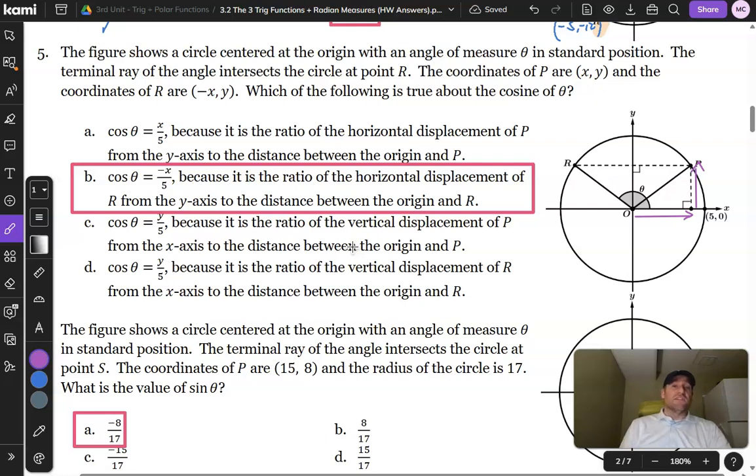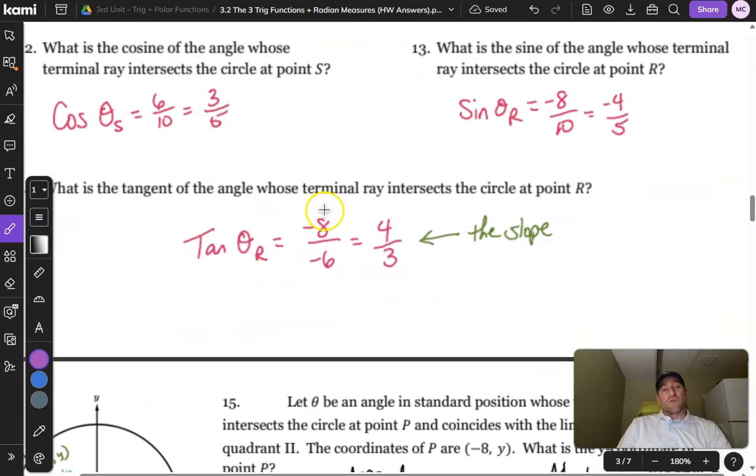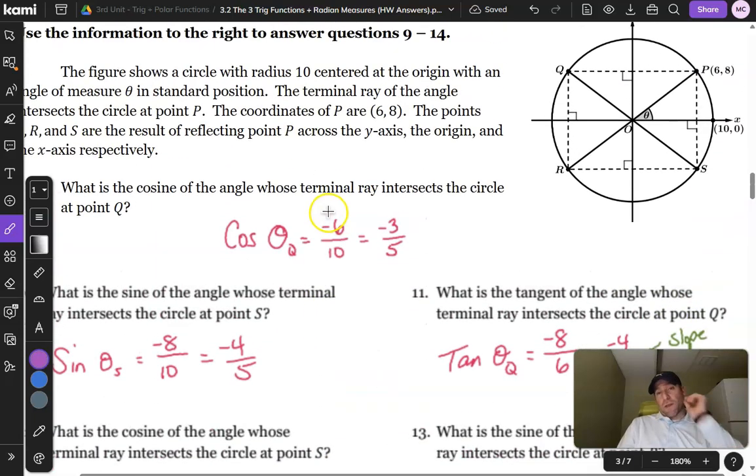And the distance between the origin and that point, whichever one we're looking for, is always the radius, the hypotenuse.